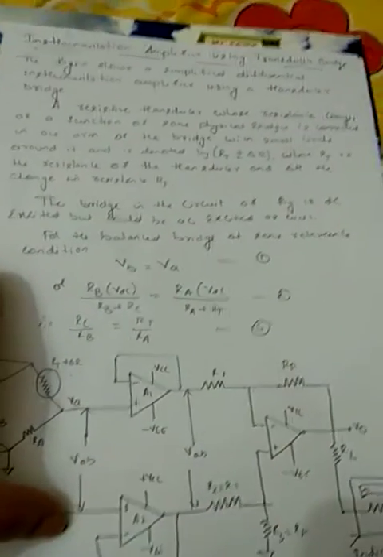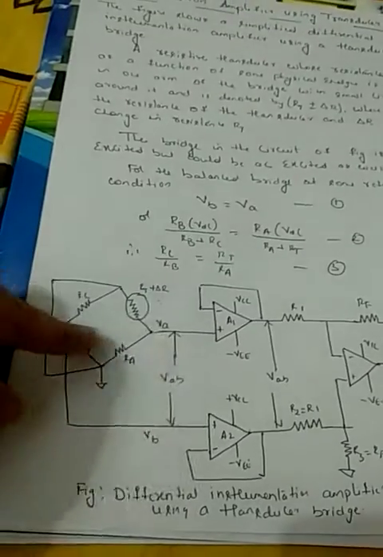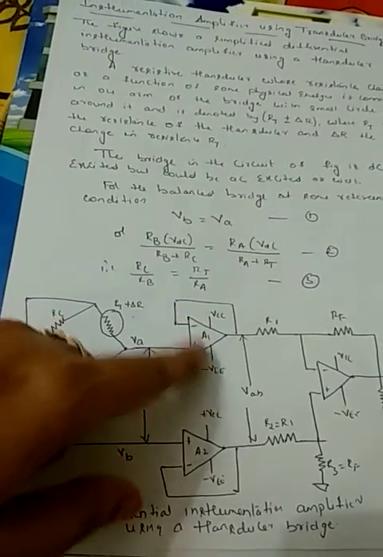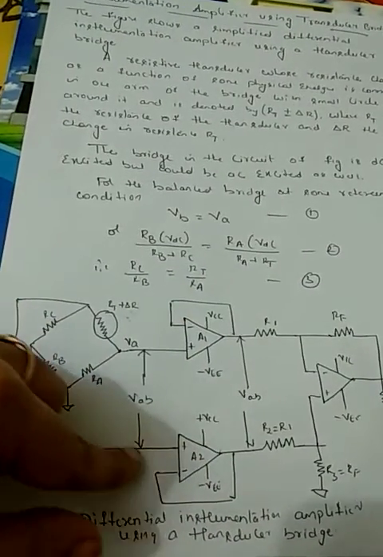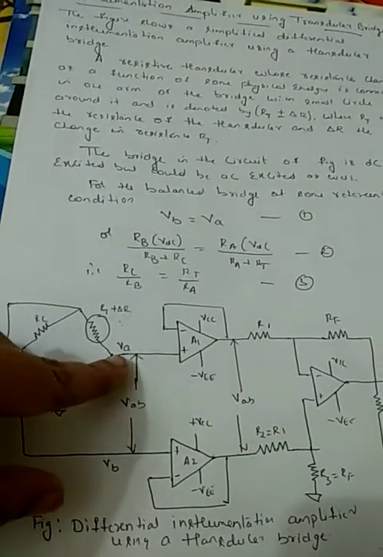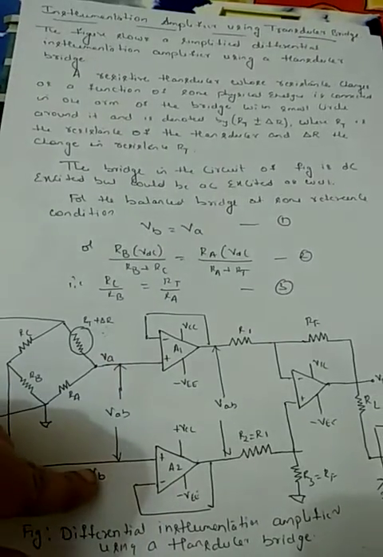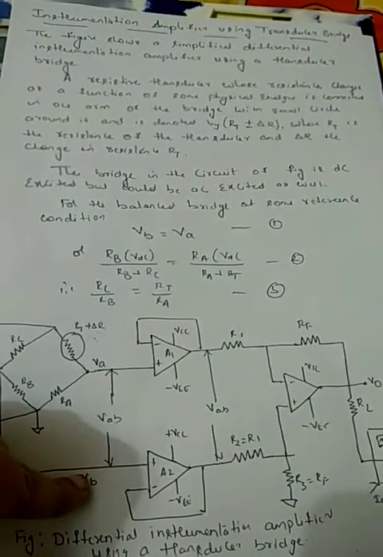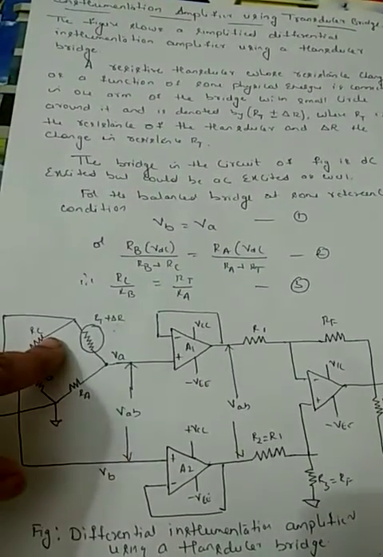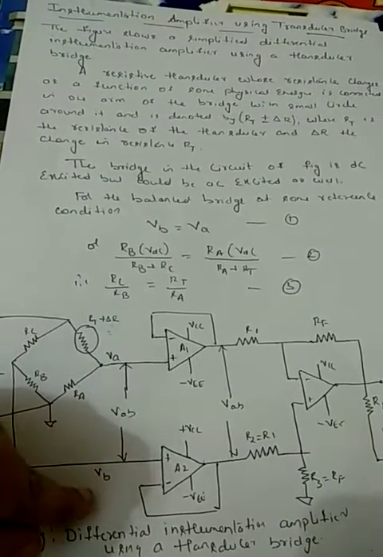The output from the bridge is given to the two op-amps; this is VA and this is VB. Under the balanced condition, VB is equal to VA.